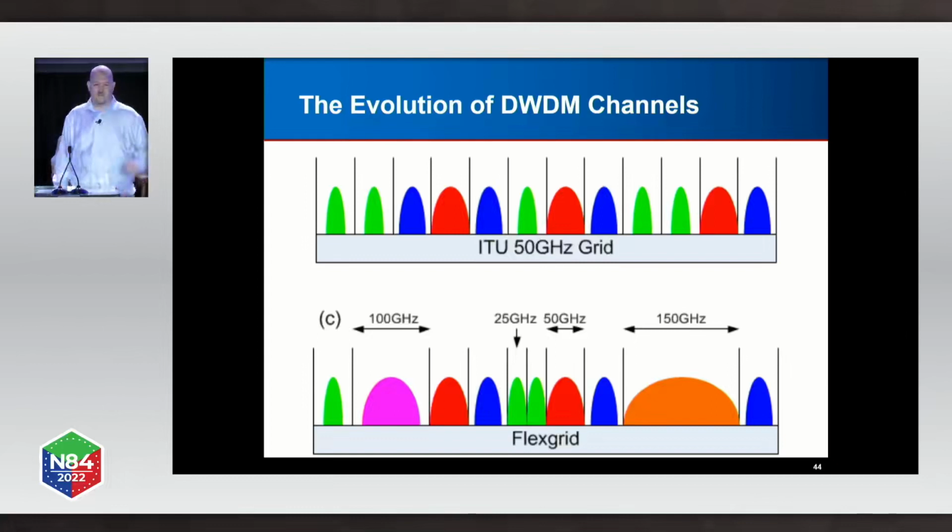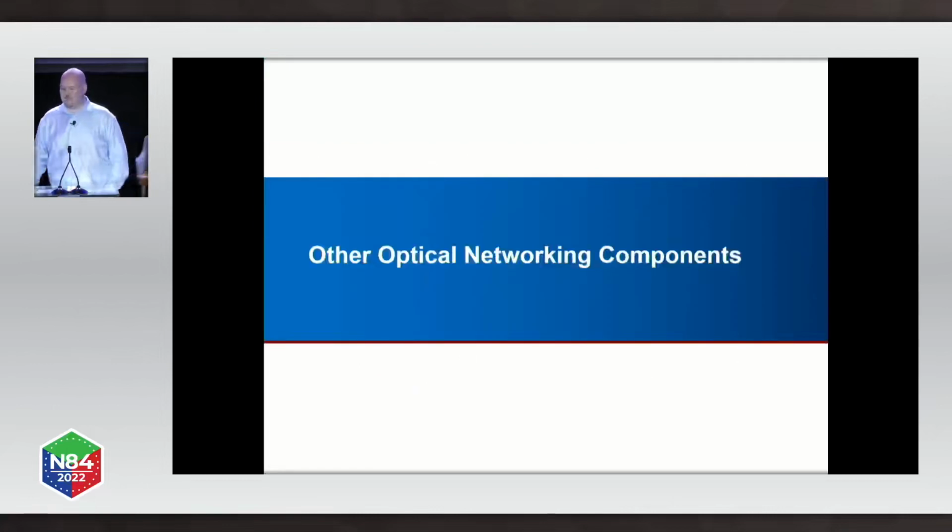So you've got a really big, wide, modern signal, you can accommodate it. You've got a whole bunch of small, older signals, you can accommodate it. The downside to that is, once again, complexity and cost. So for a passive mux, it can be on the order of hundreds to $1,000. A flex grid system can be 10 times that or more, and it's deeply integrated into your complex ROADMs and everything else. So there's a trade-off.